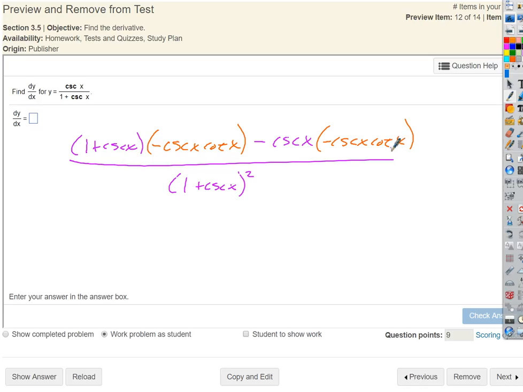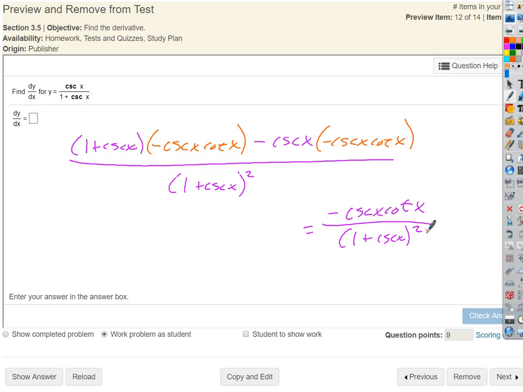So really all I'm going to get on the top is just a negative cosecant x cotangent x, and the other stuff cancels. So that's my answer.